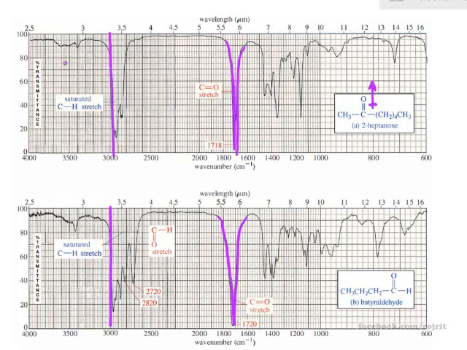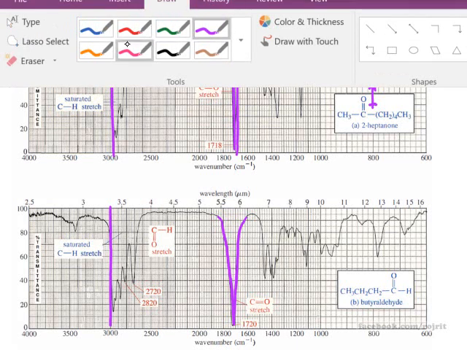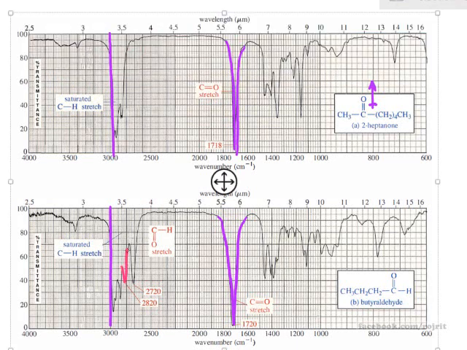So what is the difference between the ketone and the aldehyde? For the aldehyde, you would see the characteristic absorption here, at 2700 and 2800.